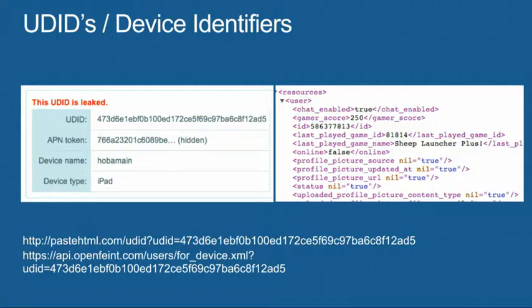Who knows if that's true? Apparently. But you can pump your own UDID into this application and it will tell you if you were one of the 1 million that have been leaked so far. And then you can just go around the internet and see what other things you can find out with someone's UDID. So we can find out that the last game President Obama played on his iPad was Sheep Launcher Plus. So obviously the Afghan war is not going too well. Exactly.